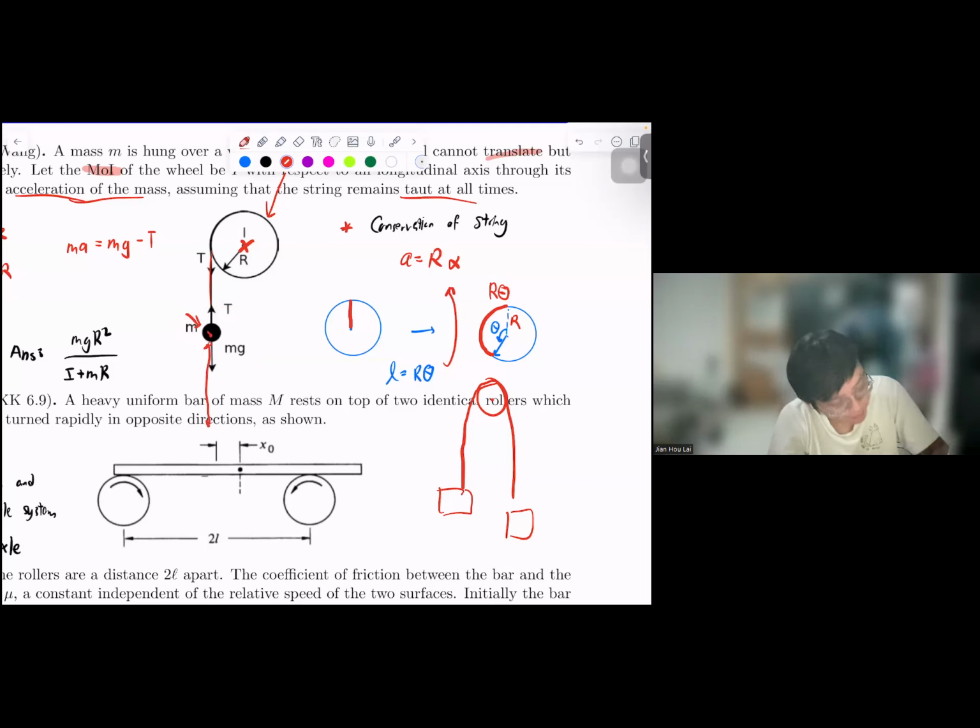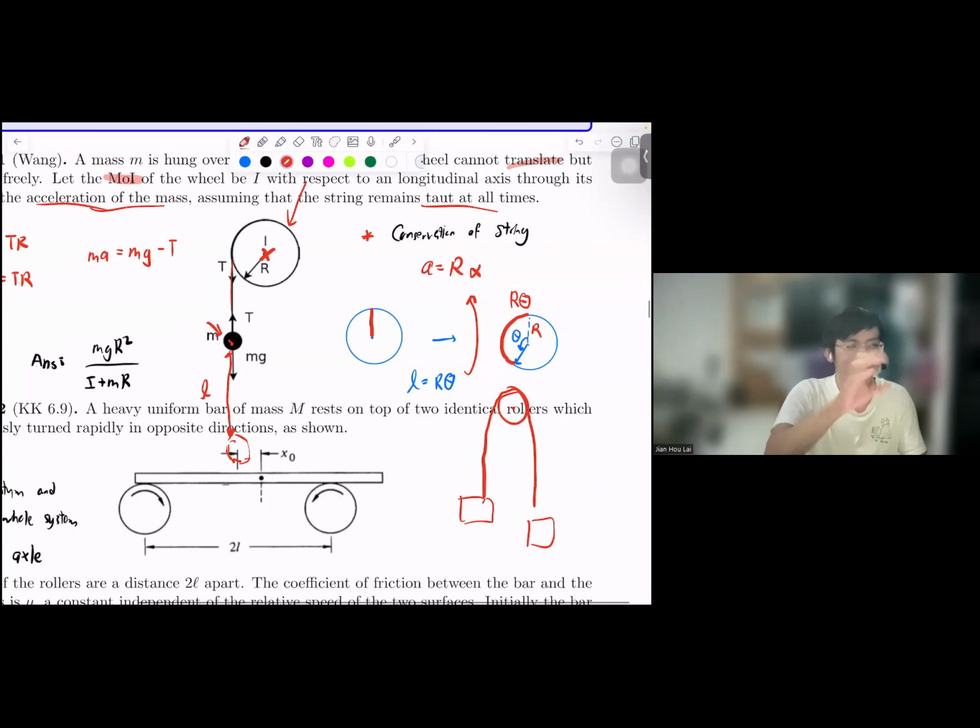So the arc length that the wheel rotated is equal to the length the mass moves downward. The length of it is equal. Okay, so we are talking about the conservation of string.